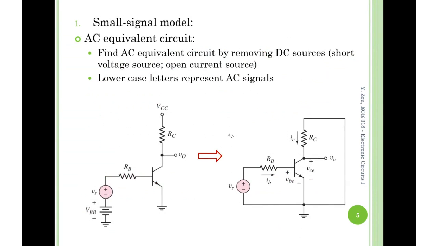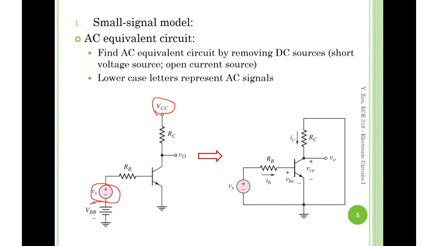So we are doing the same thing here. Given a circuit here, you're seeing a DC power supply on top, taking care of the DC circuit Q point, and also, of course, AC input. We're expecting to see the amplified AC at the output.